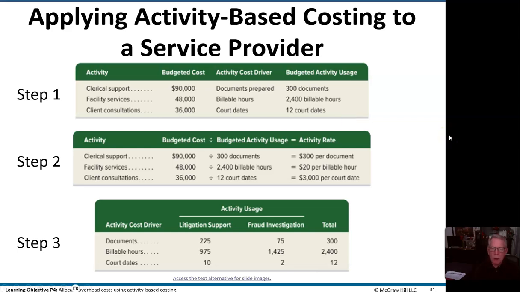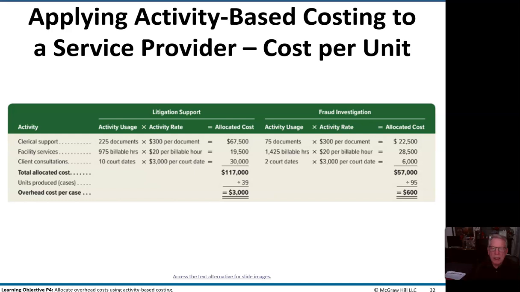Okay, now all we have to do is multiply that through. The number of documents times 300, the number of activities times $20 per billable hour, and the number of court dates times the $3,000 per court date.